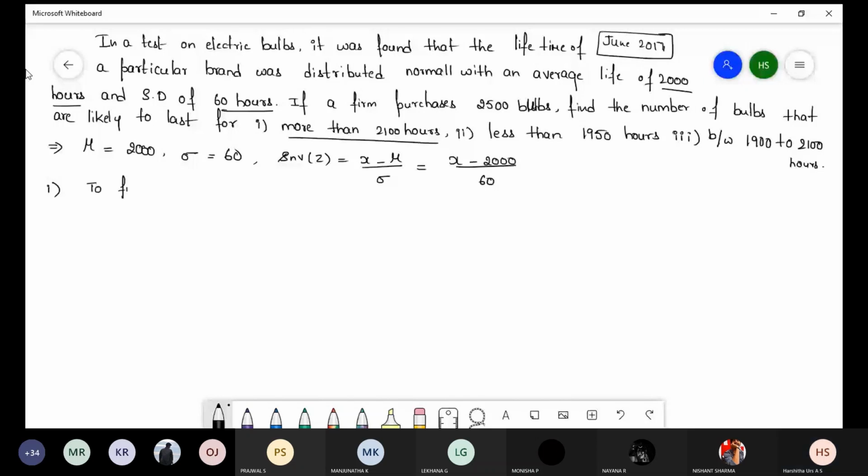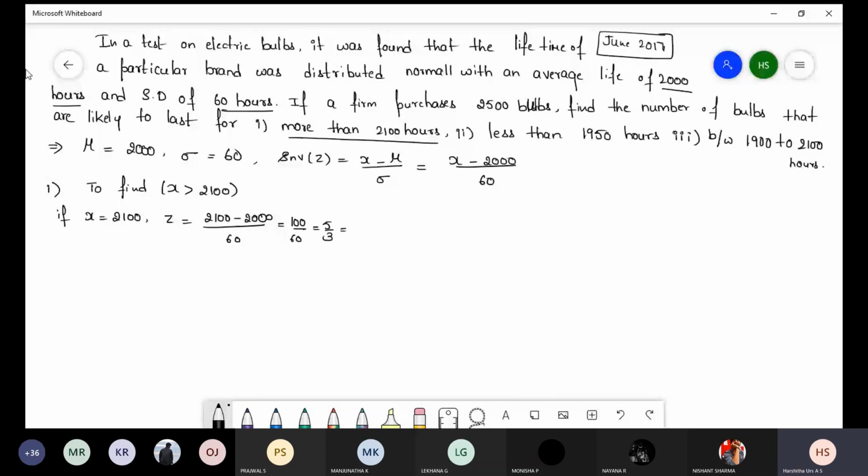If x is equal to 2100, z is equal to 2100 minus 2000 divided by 60, so 100 by 60, that is 5 by 3, which is 1.67.